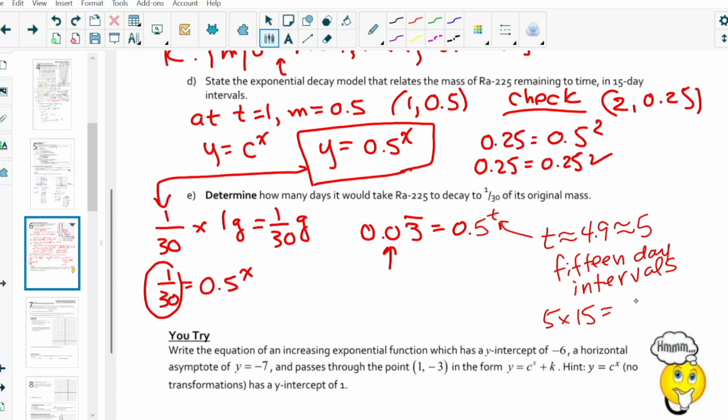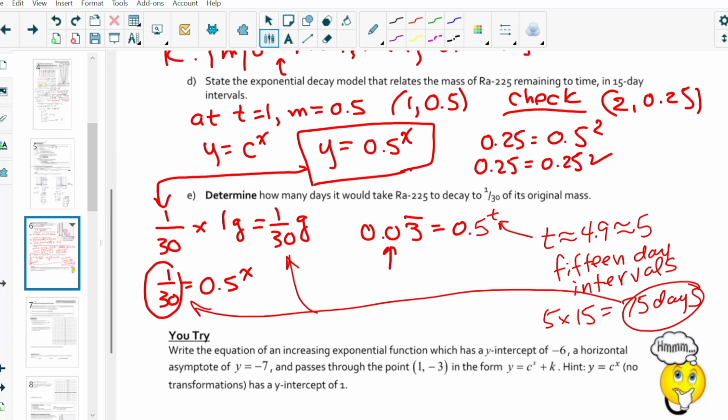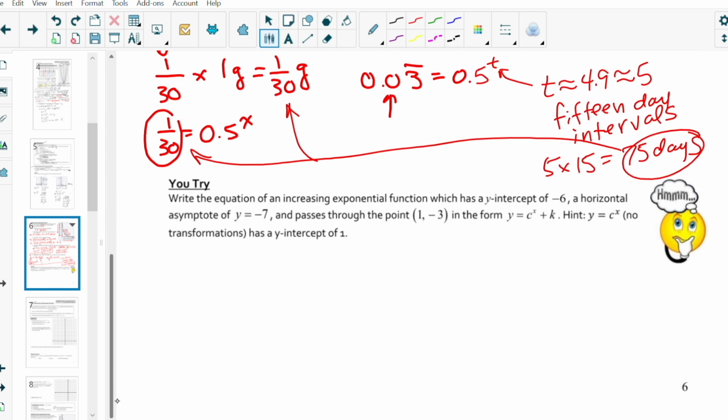So that's 5 times 15 equals 75 days. So it will take 75 days to have 1/30th of a gram of radium-225 remaining.